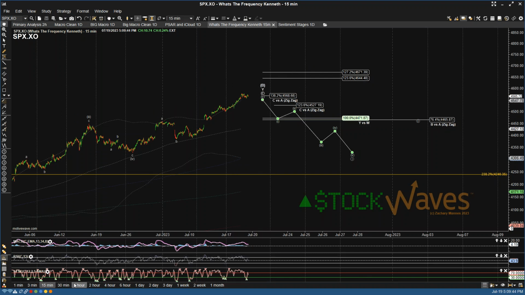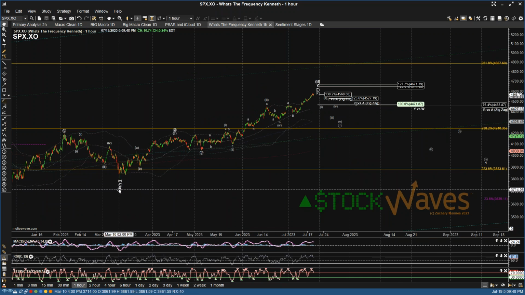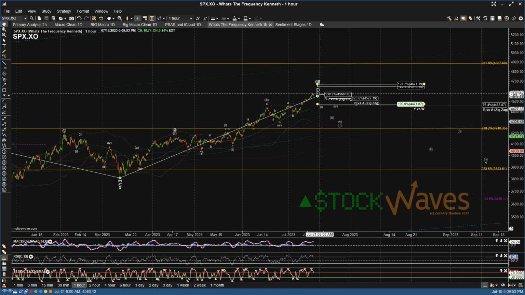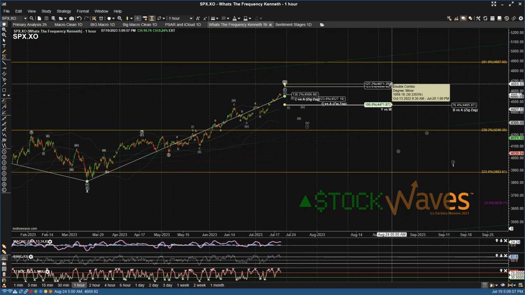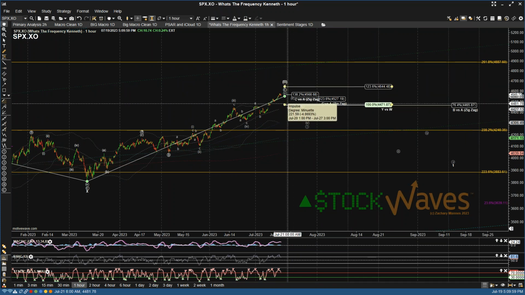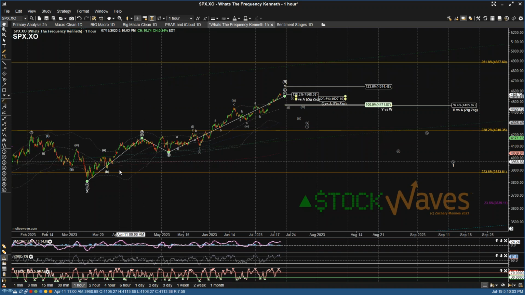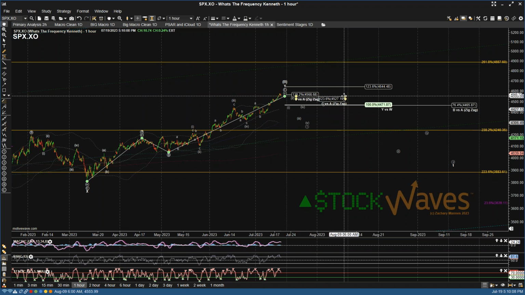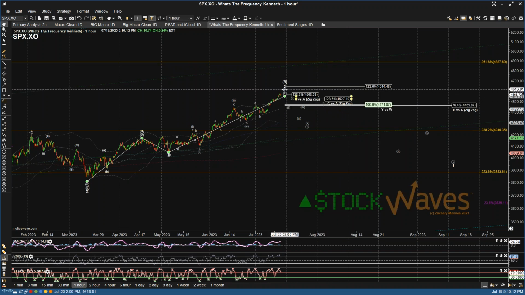But talking about those fibs in more detail, inside whether this is a C wave or whether this is a Y wave, as we said, the Y wave extensions, we are in between the 100% and the 123.6% extension. The reason why I like this so much as an A, B, C for the Y wave is that we are right now at just passing the 123.6% extension for this C wave of the Y wave.